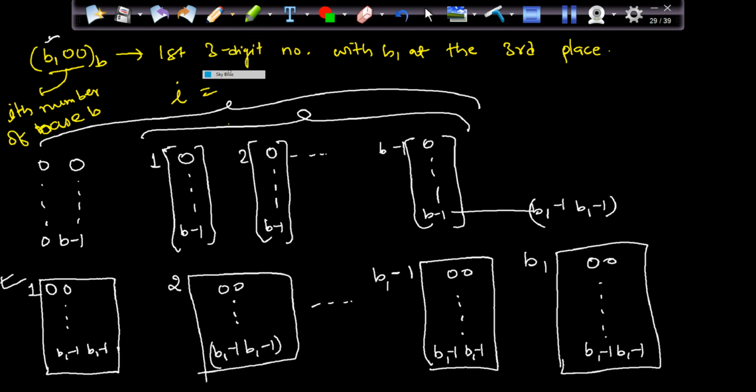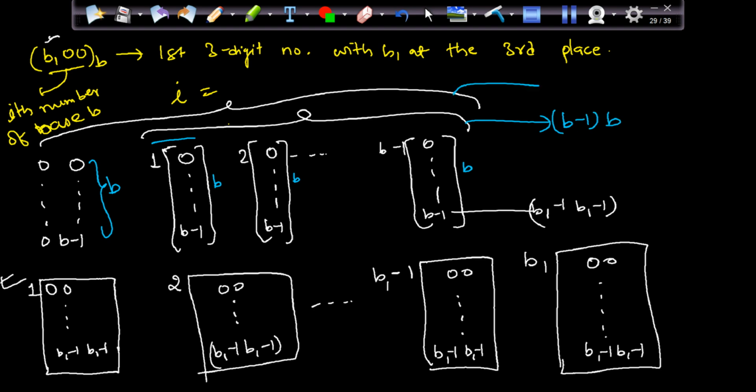So what is the place value? This is b, this is b, this is b. It goes from 1 to b minus 1, which means this is b minus 1 into b.